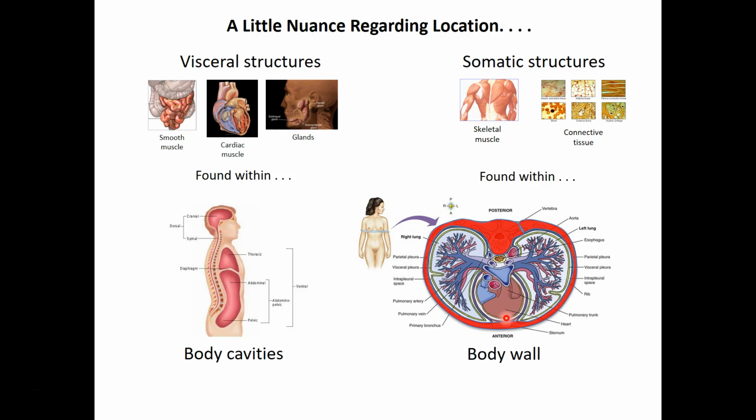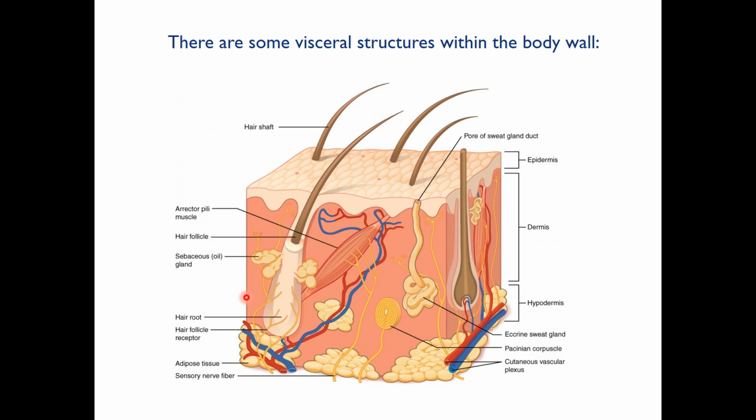So as I mentioned, there's a little bit more nuance to all of this as well, and a few exceptions. And really the exceptions relate to the location of visceral structures, which, while I said are found in the body cavities, can also be found within the body wall. And so the real classic example that we use to point out these visceral structures within the body wall is the example of skin. So here we're seeing a cross-section of skin. We're going to dive a little bit more into the histology of skin later on in the course.